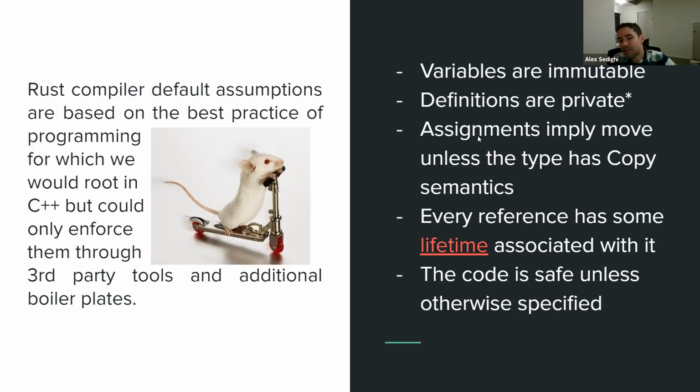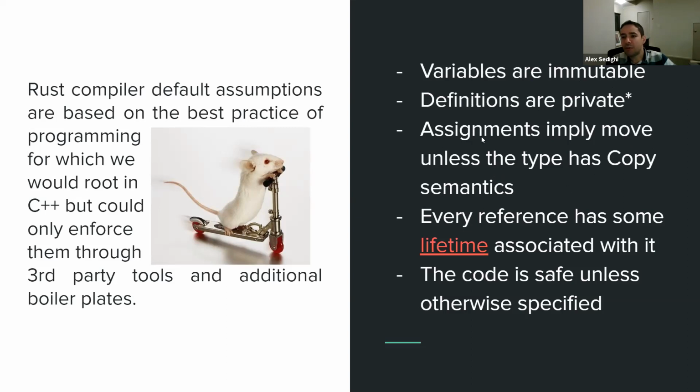Any assignment by default implies move, unless the type of the variable that you are assigning something to, or if you've got a variable and passing it to a function, has the copy semantics.